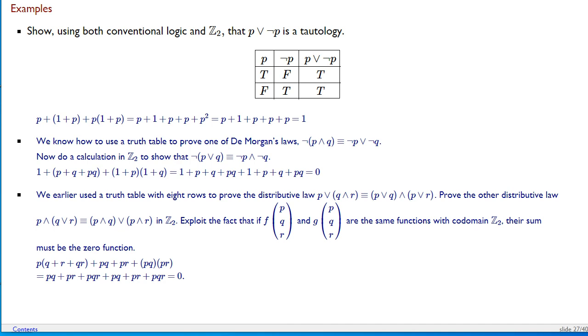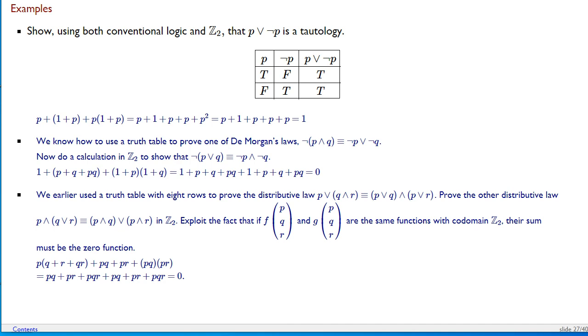In order to prove this, I just have to show that the sum of the left-hand side and the right-hand side expressed in finite field notation is 0. Left-hand side: P and, that is, multiply P by Q or R, Q plus R plus QR.